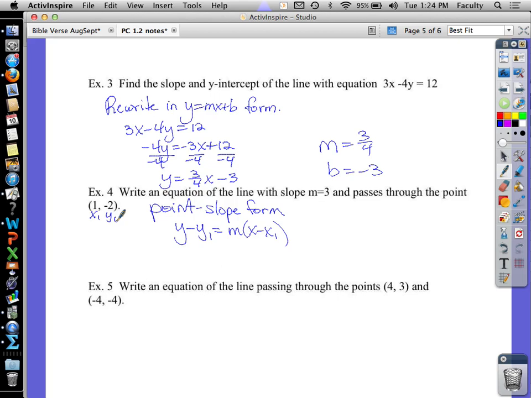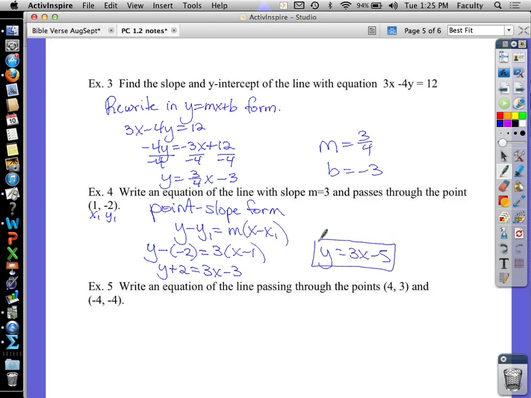So watch what I can do. I would get y minus -2 equals 3 times the quantity x minus 1. So I get y plus 2 equals 3x minus 3, and then I just subtract the 2, and you get y equals 3x minus 5.